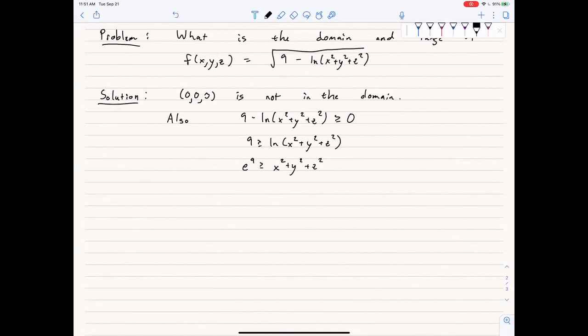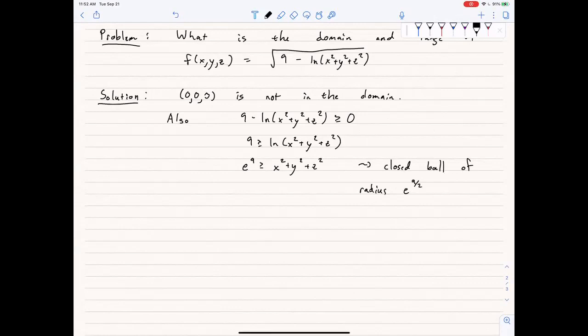Okay, it is a closed ball. The sphere is the boundary. If I look at the equality, then I get the sphere. But the whole thing is a ball. So this is a closed ball, meaning it includes its boundary, of radius e to the 9 halves.